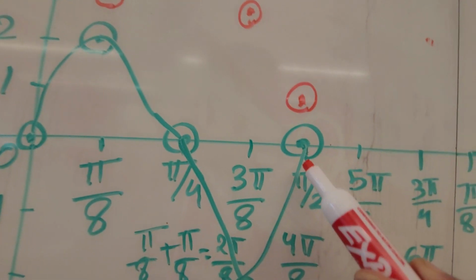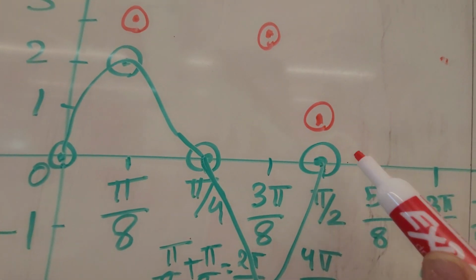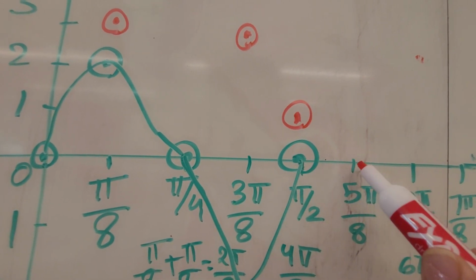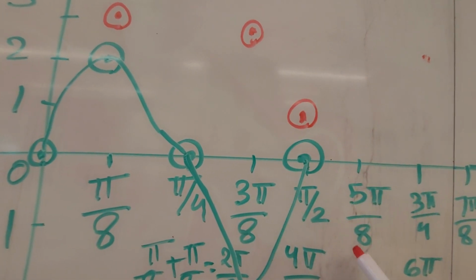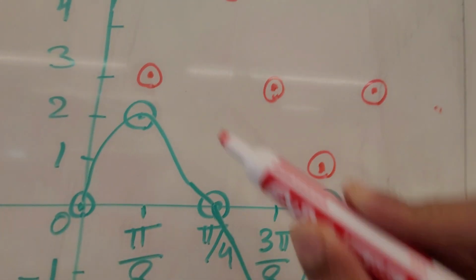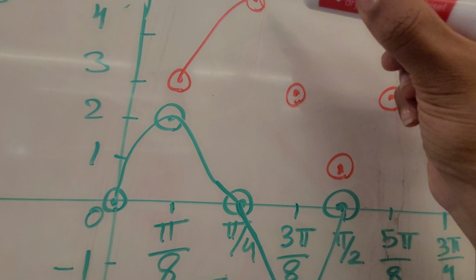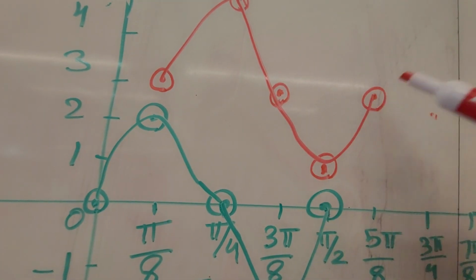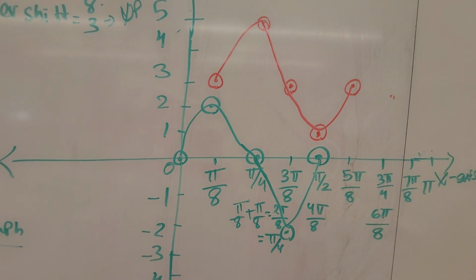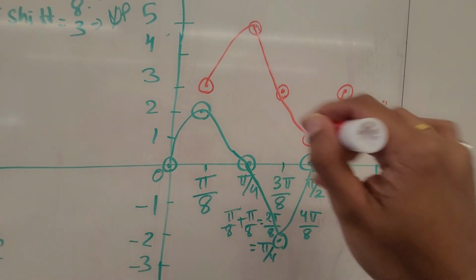At pi by 2, I need to move pi by 8 units to the right, so it will land on 5 pi by 8. 3 units on top takes me here. Now I'm reconnecting the dots. So this is the shifted graph for my standard graph.